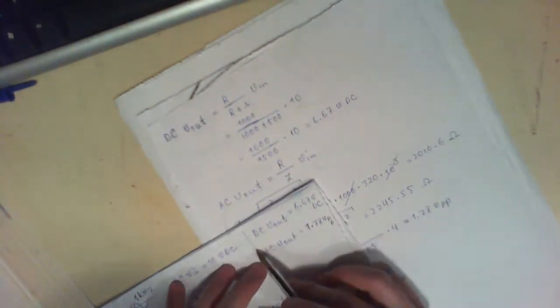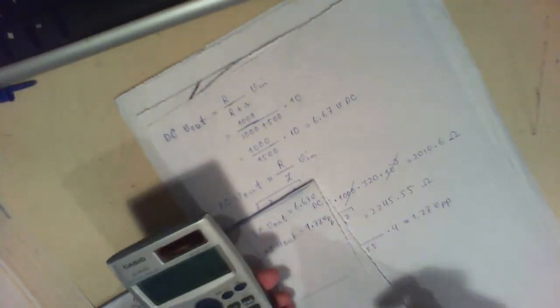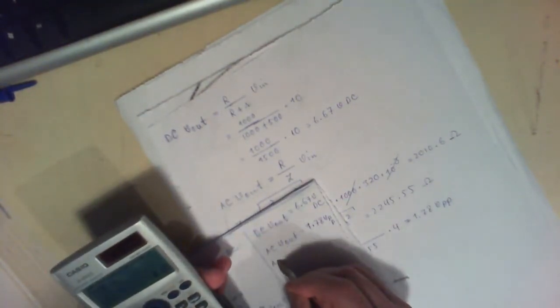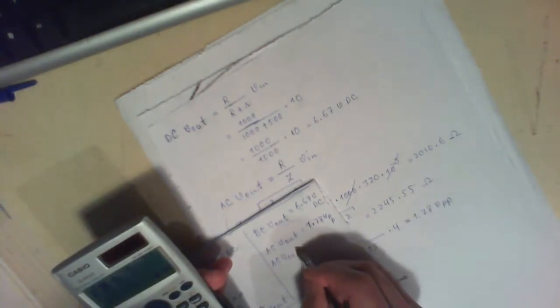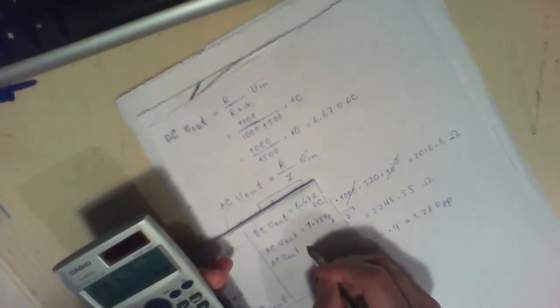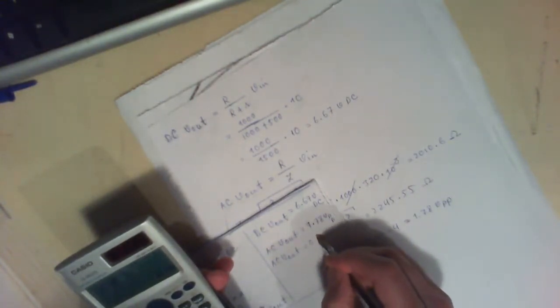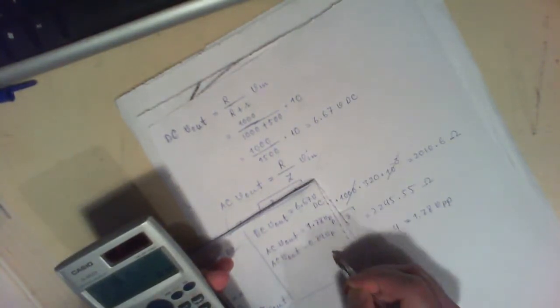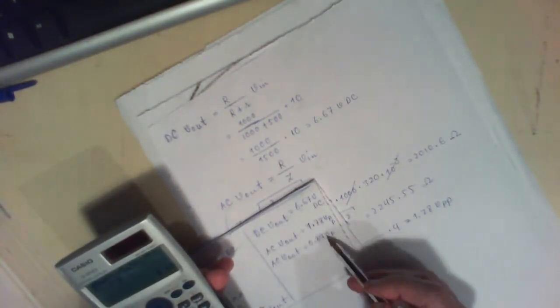So since your peak to peak voltage is 1.78 volts, if you divide by 2, 1.78 divided by 2 is equal to 0.89 volts. So AC V of out is equal to 0.89 volts peak. So that's the peak voltage, which is half of the peak to peak voltage.